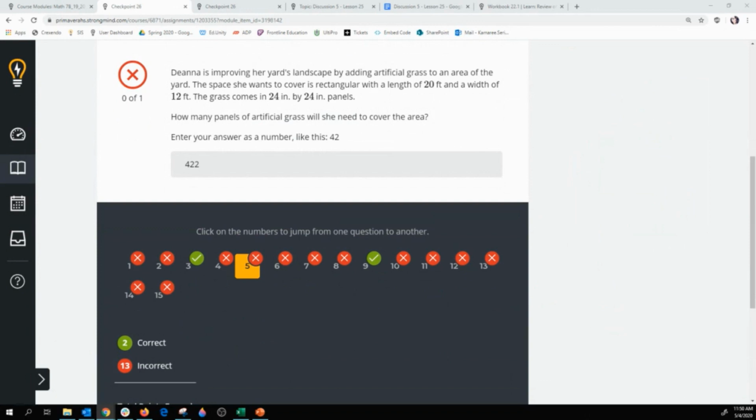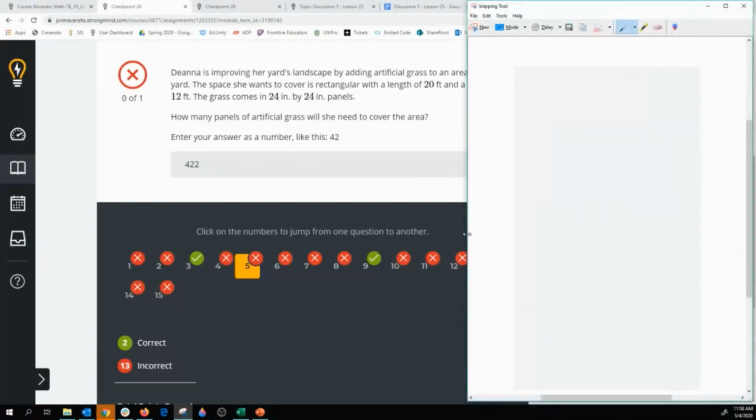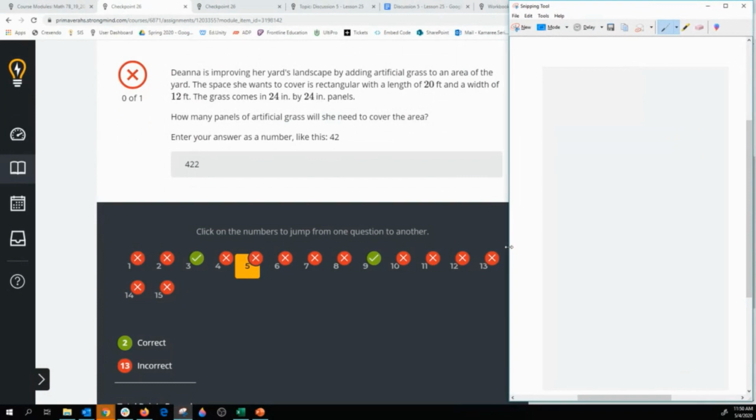So do you know how many inches are in 1 foot? So there are 12 inches in 1 foot.